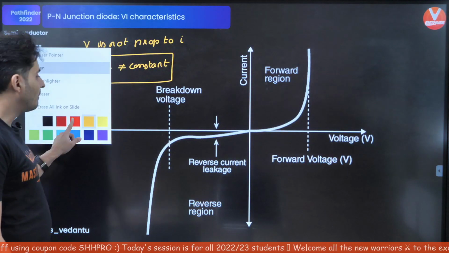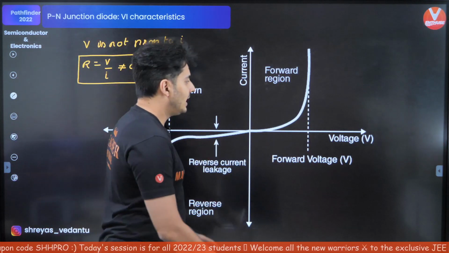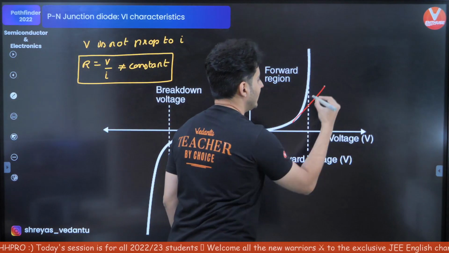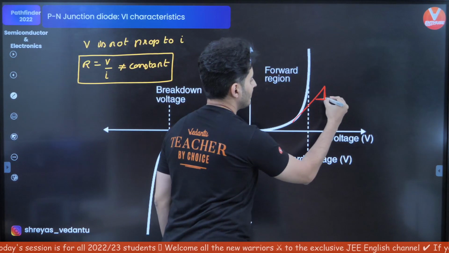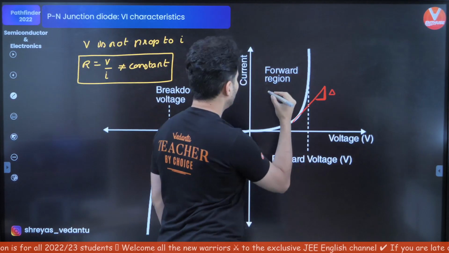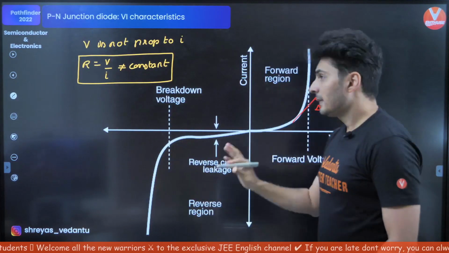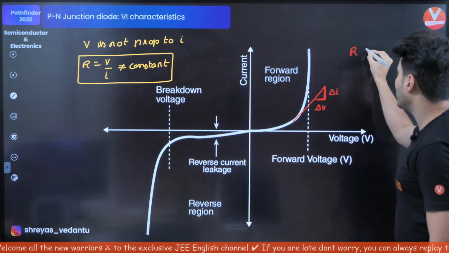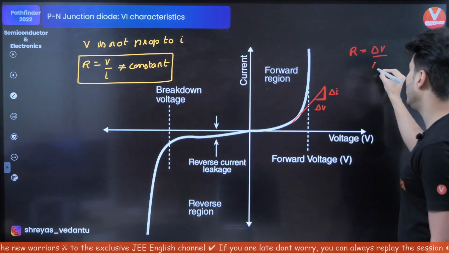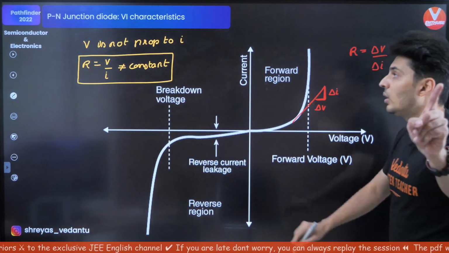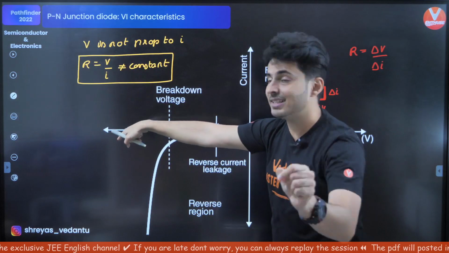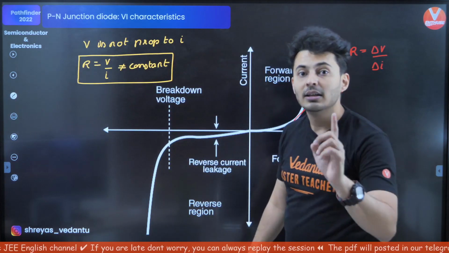Also, one more important thing is that when you draw a tangent to this and you measure the slope, which will give you delta I and delta V, then when you find R equal to delta V by delta I, this R is not your usual resistance, because the usual resistance is just voltage by current.